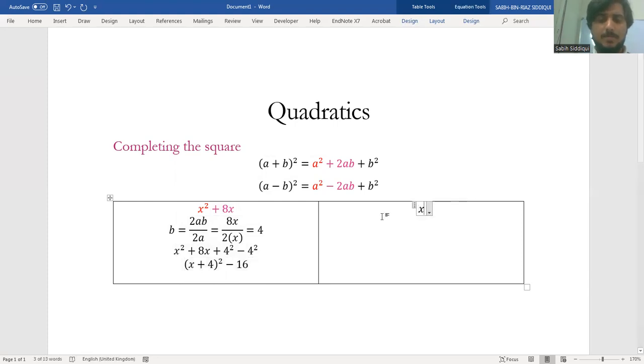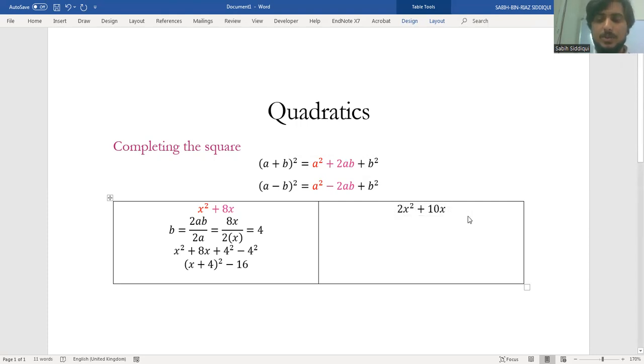Let's go through another example. Let's change the example. What if we have 2x squared plus 10x? Now what do we do with this? First, we need to identify our a square and 2ab. Unless we have these two terms, we cannot go on finding b. So we don't have a perfect square here.